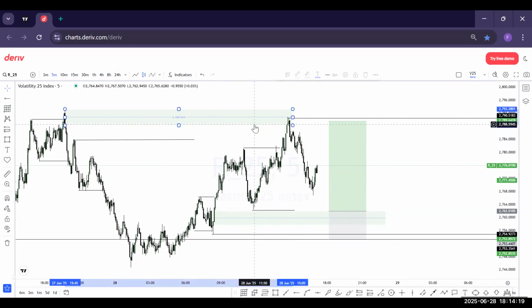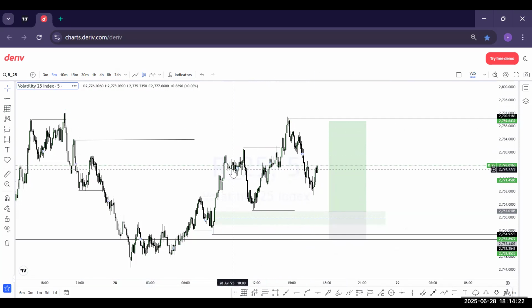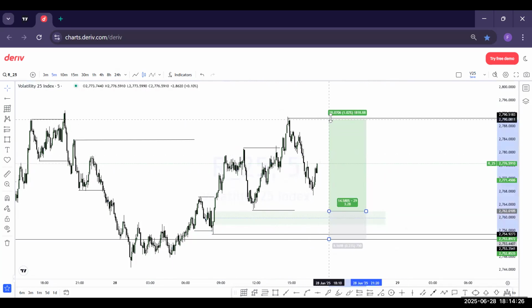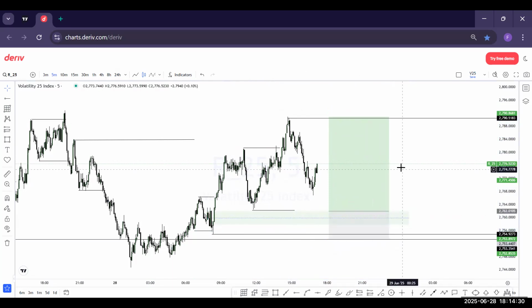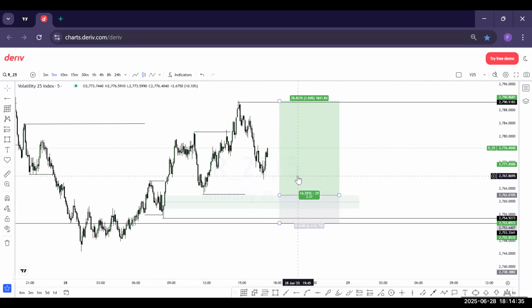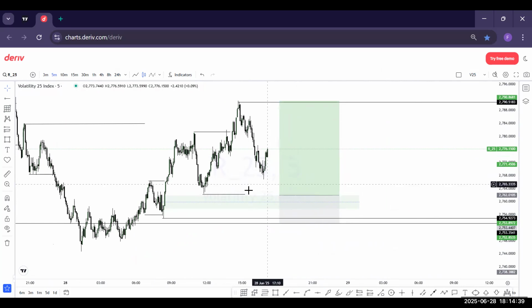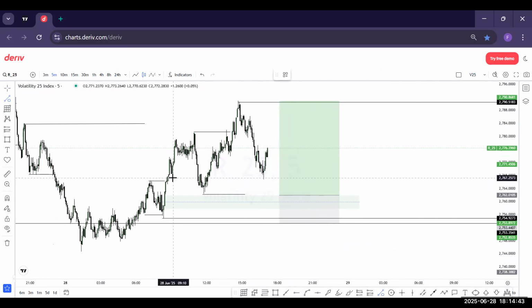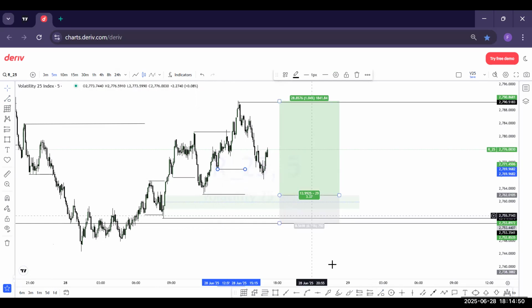Let me delete this. So this is the 1:3, if only price comes to that point of interest. So you need to be patient for price to deliver. And the reason why this is acting as if it wants to buy now is because of this inducement.